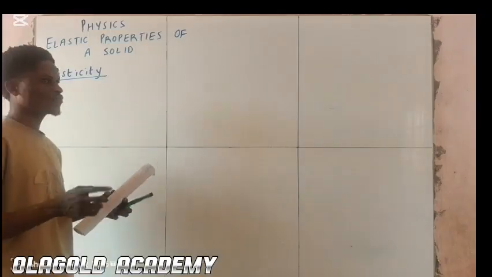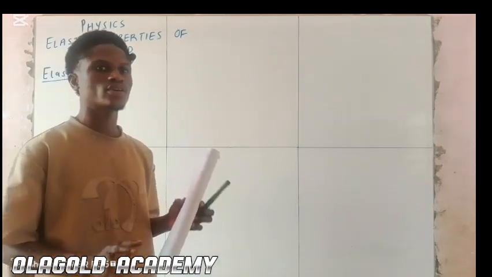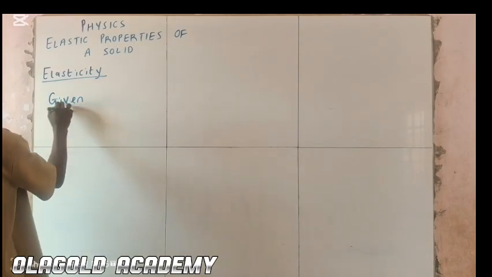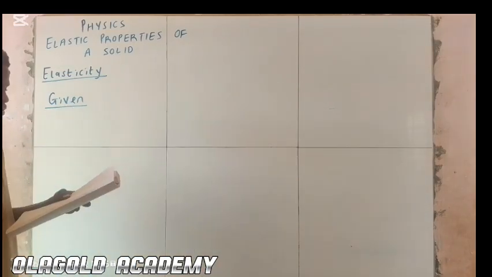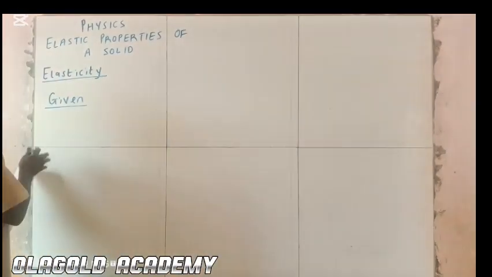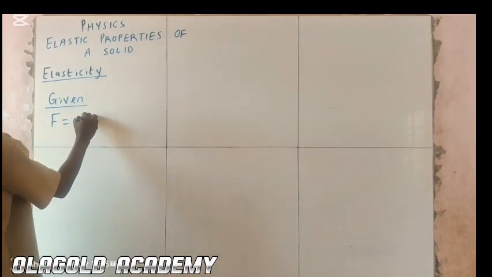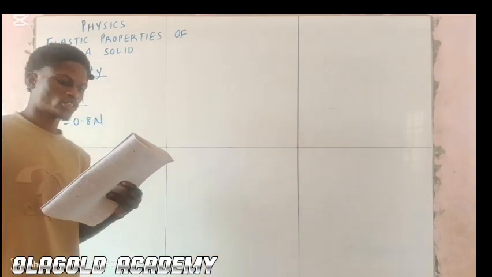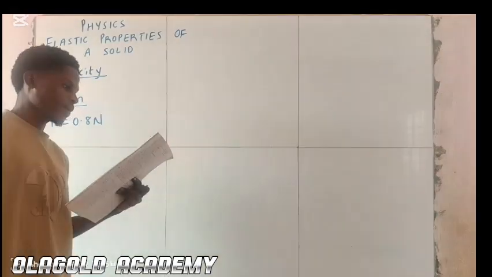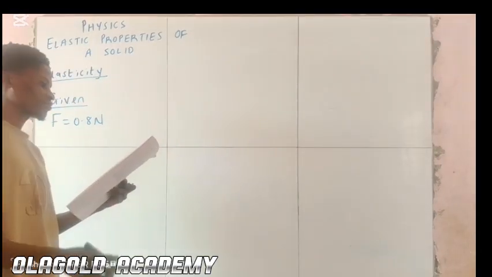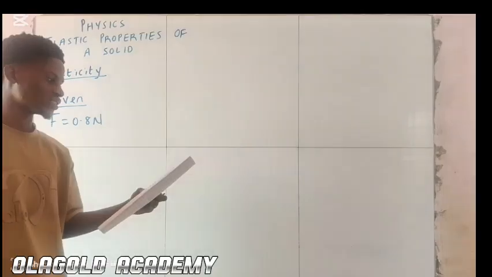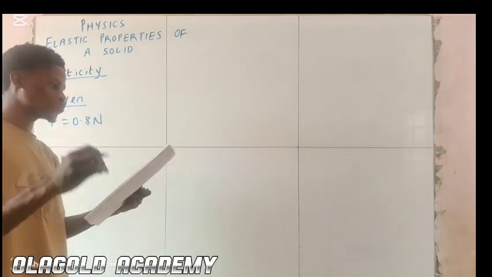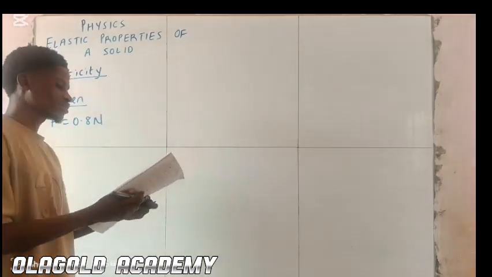As usual, our first task is to always list out the given parameters. From the question, we are given force as 0.8 Newton. We're also given extension to be 2 centimeters. It says it stretches an elastic spring by 2 centimeters, so the extension is 2 centimeters.